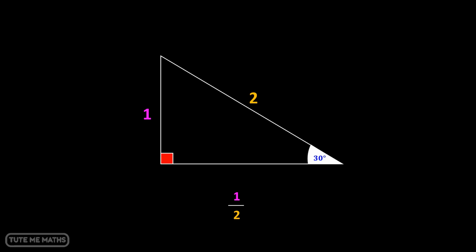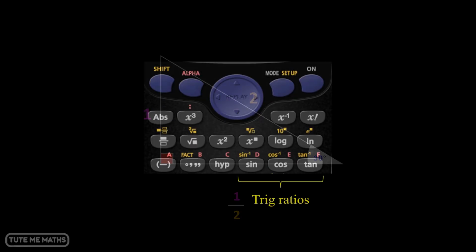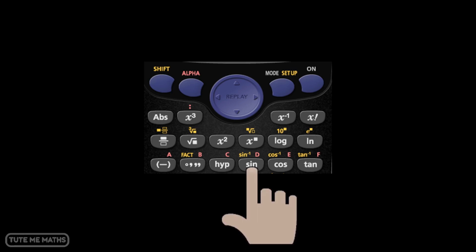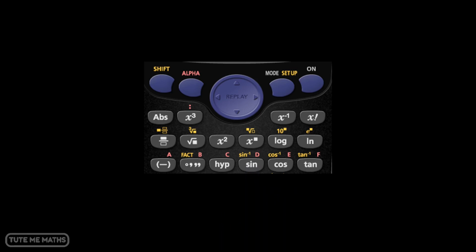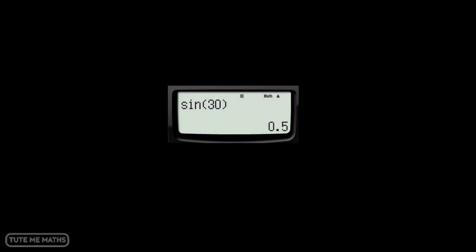Well, all possible values of the ratios for all possible angles are stored in these three buttons on your calculator. For example, tapping the sine button, followed by 30, and then equals, gives us 0.5, telling us that the sine ratio for 30 degrees is exactly 1/2.